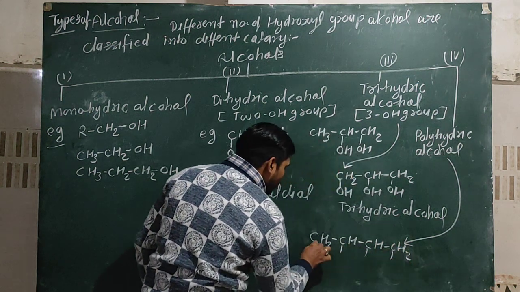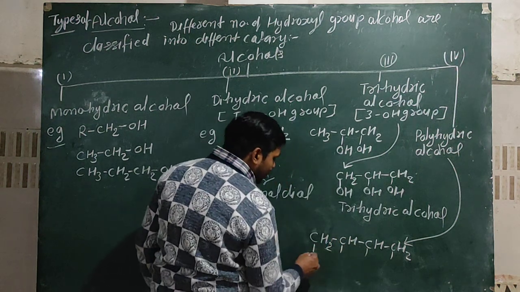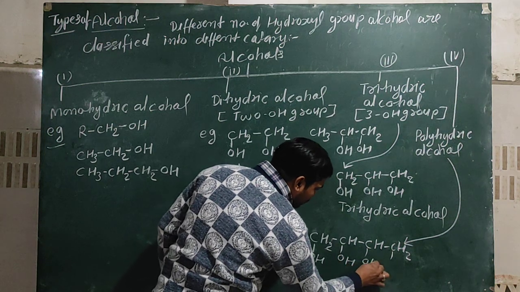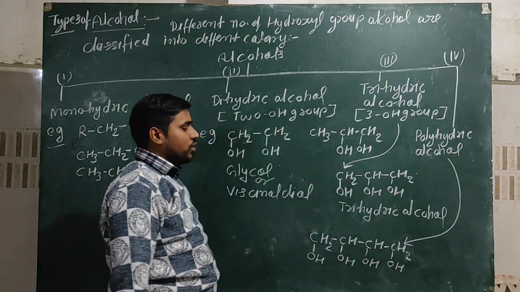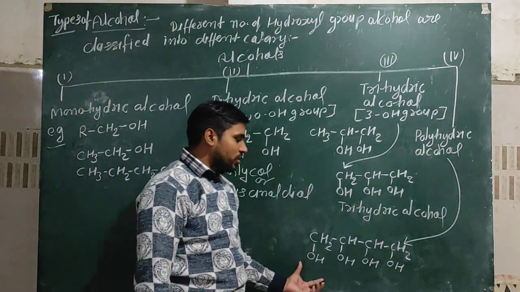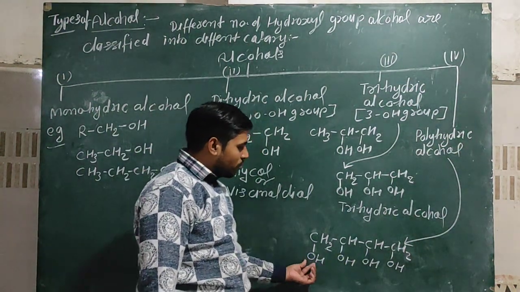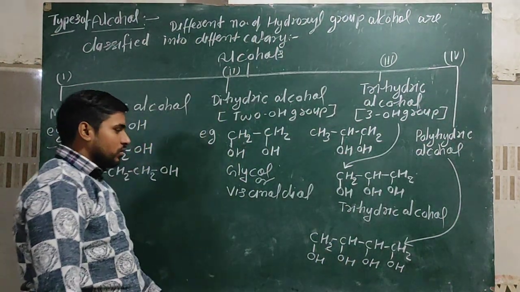You can see here every carbon atom contains one hydroxyl group in its structure. Therefore, it is known as polyhydric alcohol because the number of hydroxyl groups is equal to 4, which is more than 3.